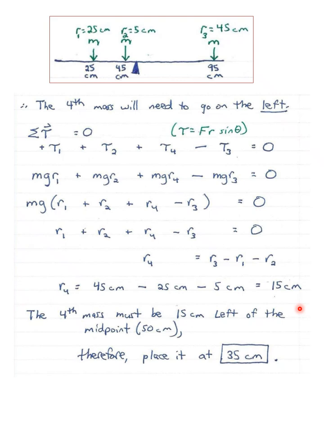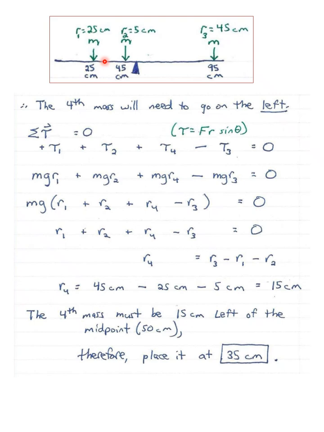We've already established that it's on the left, and we established that mathematically by saying plus torque 4. So to the left of the midpoint, which is at 50 centimeters. So if it's 15 centimeters to the left of the midpoint, then it's got to be placed at the 35 centimeter mark, right where my marker is at the top of the screen.